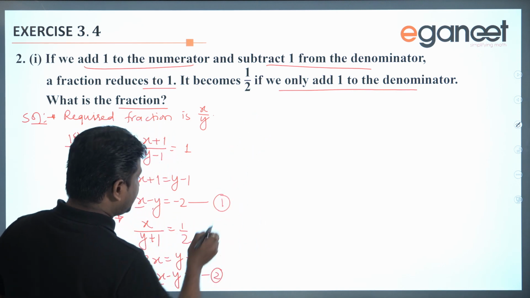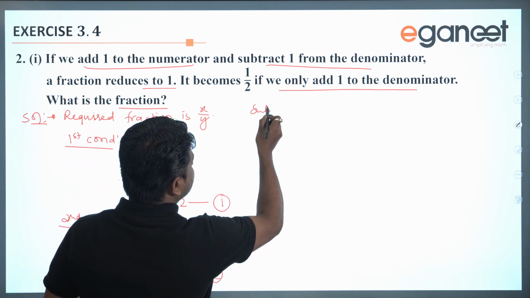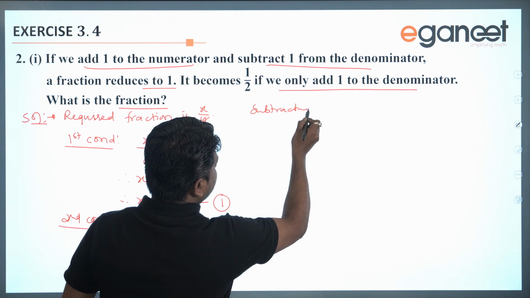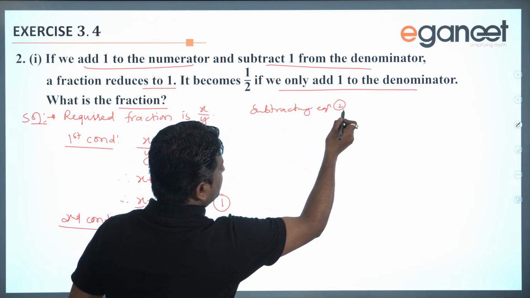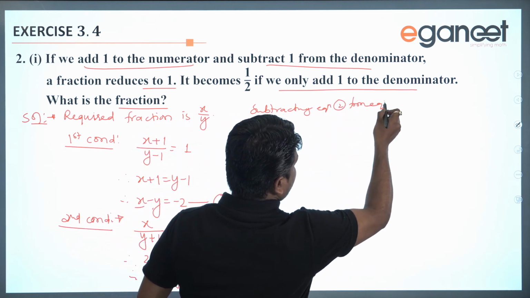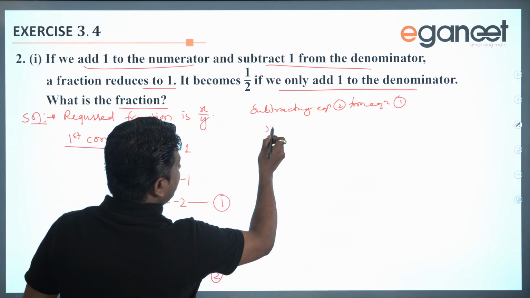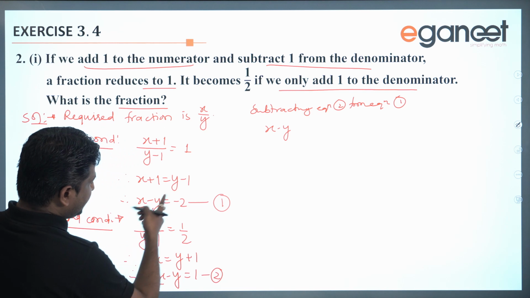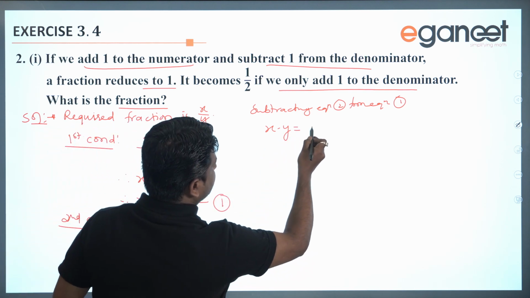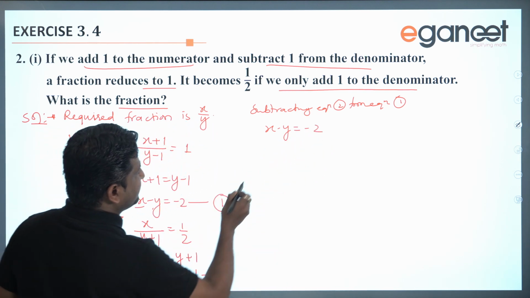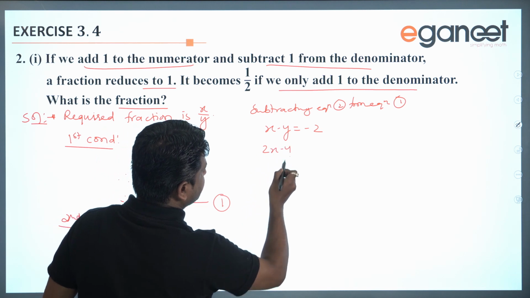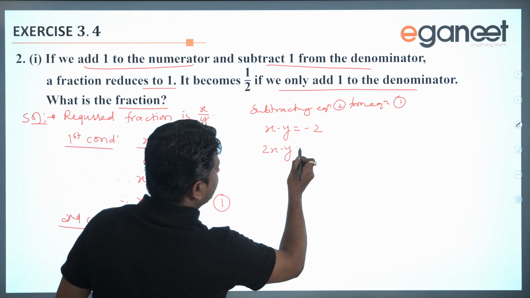So what is equation number 2? Let me write here. Subtracting equation 2 from equation 1. Equation 1: x minus y equals minus 2. Second equation: 2x minus y equals 1.